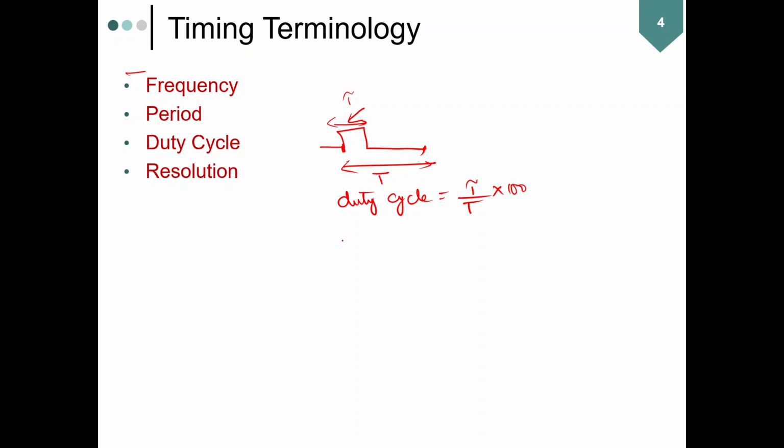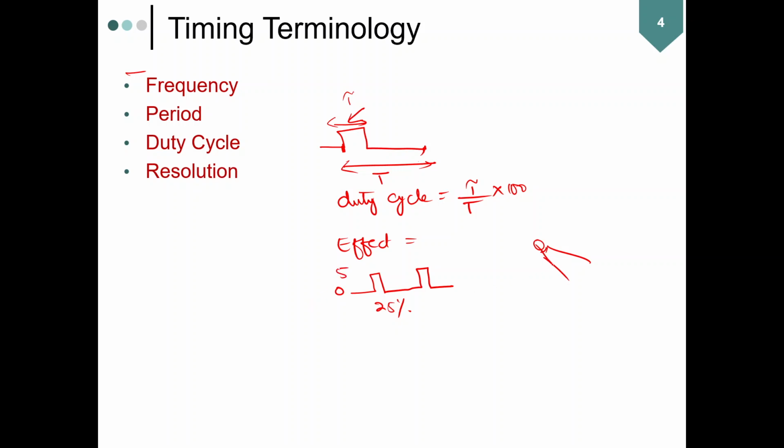Now what is its effect? Suppose you are trying to drive an LED, so you give it a signal which has, say, a duty cycle of 25%. The low of this pulse is 0, the high is 5 volts.